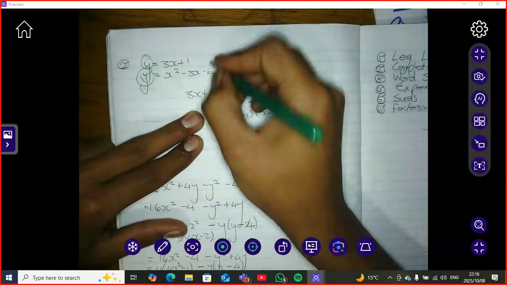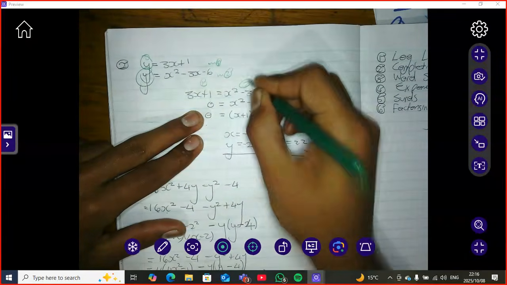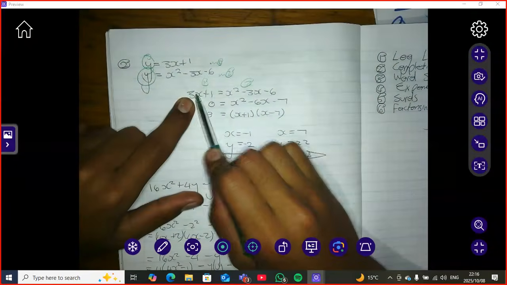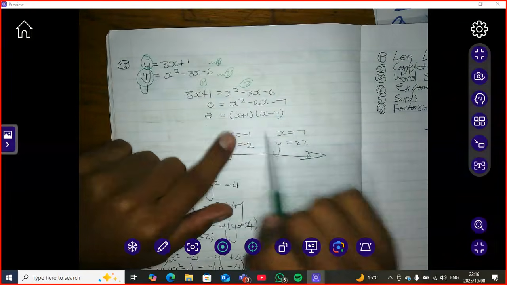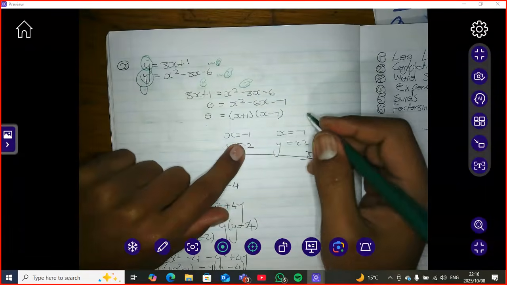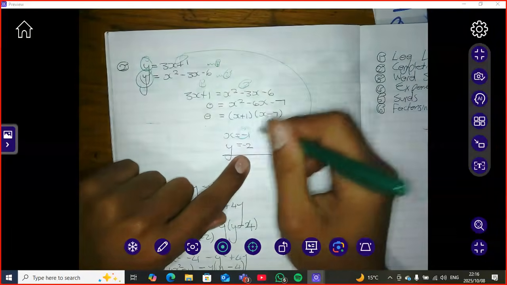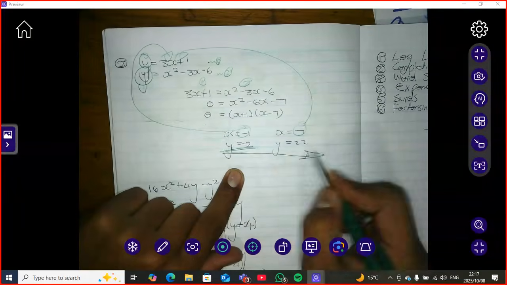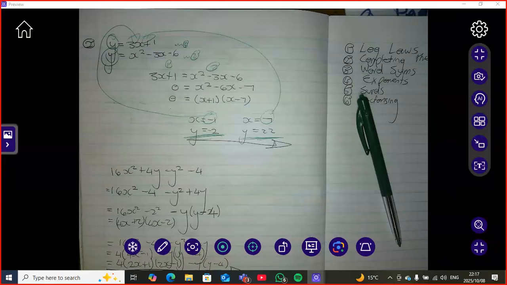So this is equation 1, this is equation 2, 1 and 2 equal to each other. Then I solve x like normal. I take this 3x that side, I take this one that side. I factorize this, and then I get x values for this. I take these x values and put them in there, and then I get my y values.